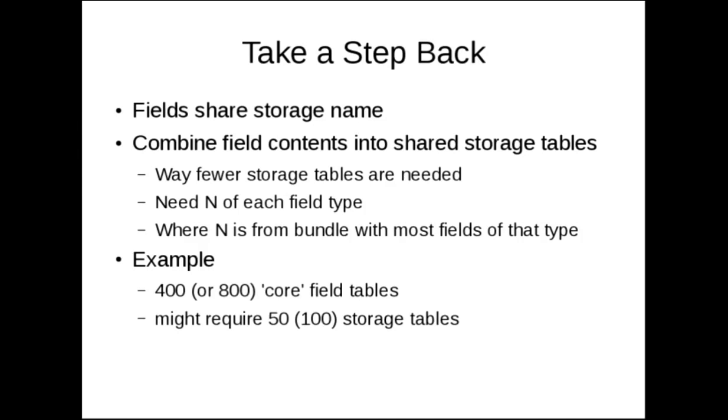So if you've got list text 1 through 10 on a particular bundle, you have to have that many, because we said we can't reuse those field tables. So whoever's got the most of a type determines that. Add up all those maximum numbers, and you get how many tables you need. To me, that is a big improvement. Just getting rid of all this clutter in the database is worth something.